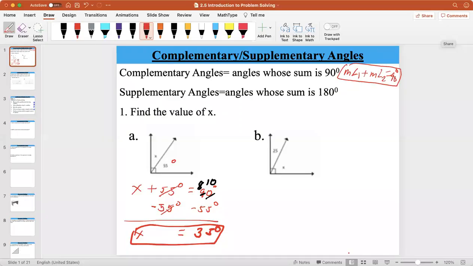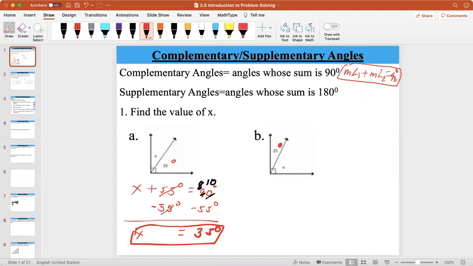Letter B is another complementary angles. We see 3 angles here, right? We have one angle that is 90 degrees, but with this ray here, you have two other angles: the angle that's labeled x, and the angle that is measuring 25 degrees.